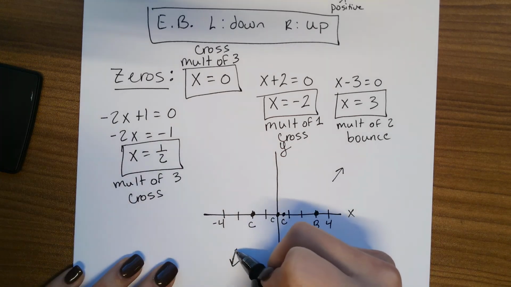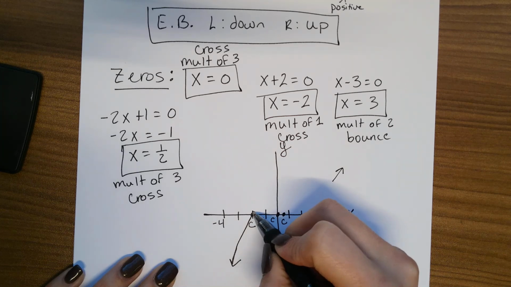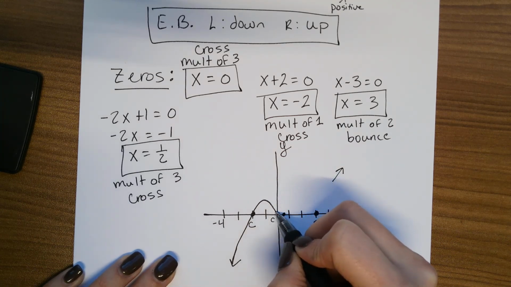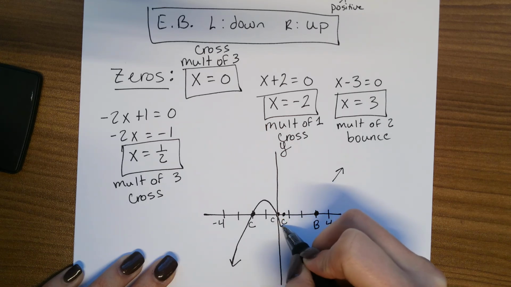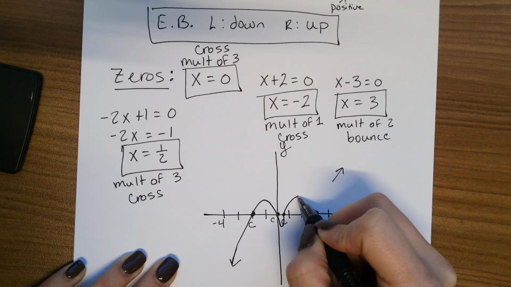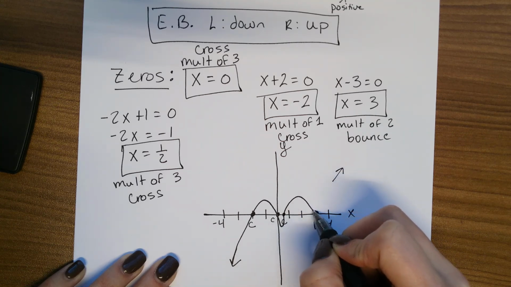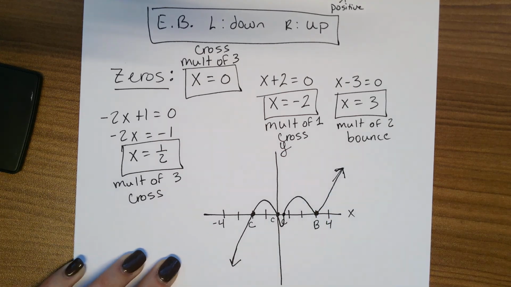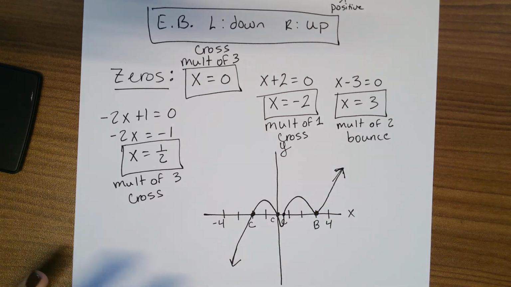So I'll come up, cross at negative 2. I have to double back, cross at 0. Come back, double back, cross at a half, tight squeeze. Come back up, bounce off of 3, and go up. There's my graph. So my end behaviors, my multiplicities, zeros, and then the graph, all from factored form.